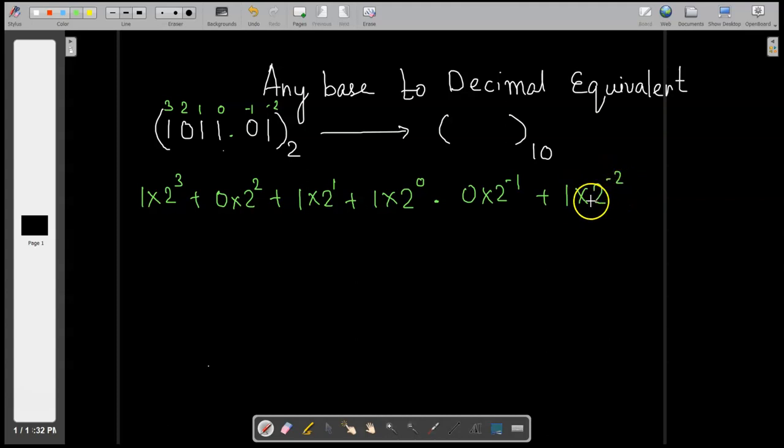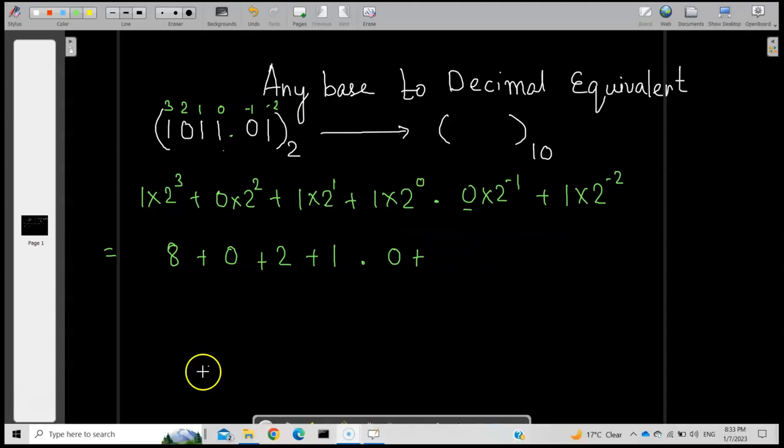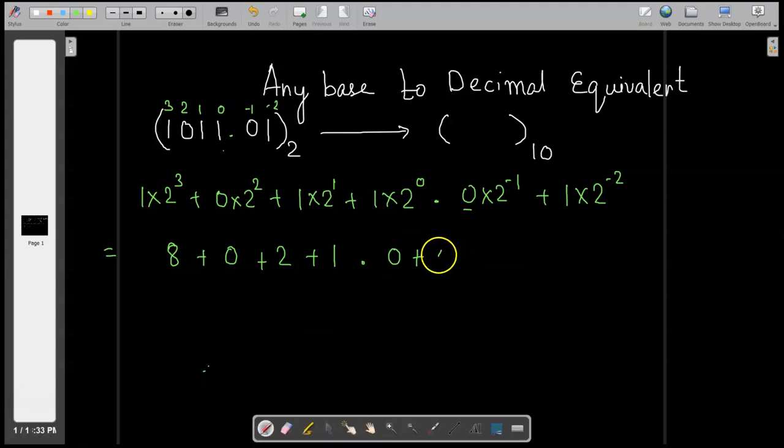All right. So now we are going to calculate this. What will be the calculation? This is 8 plus 0 into anything is 0 plus 2 plus 1 dot. What will be this? This is multiplied by 0, so that becomes 0. And then plus this will be 0.25.